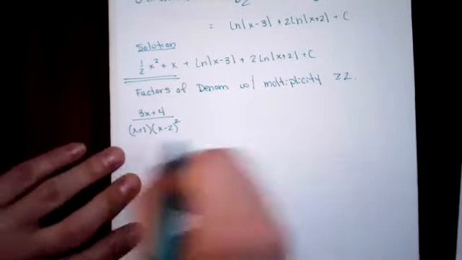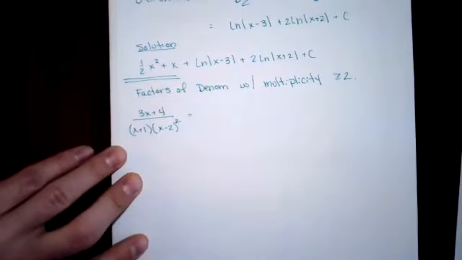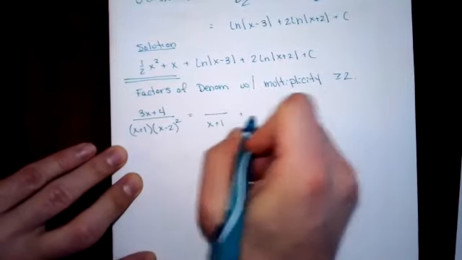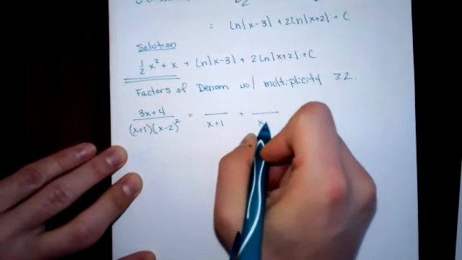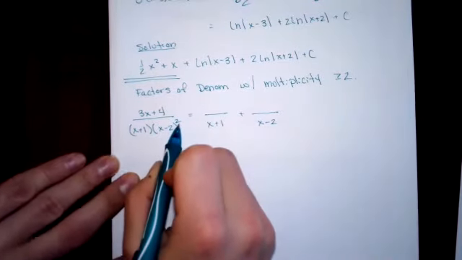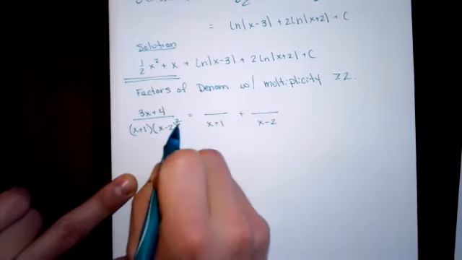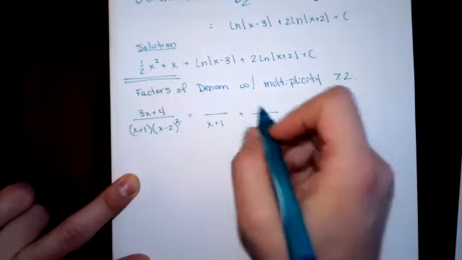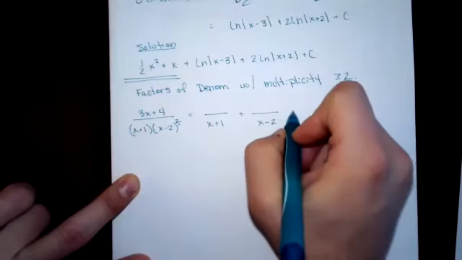So how do we break this down into our partial fractions? We are going to have an x plus 1, but this term here, it's a linear factor. It's just of degree 2. That's what we mean by multiplicity 2 or more. Sometimes this happens. What you can actually do is write it like this.